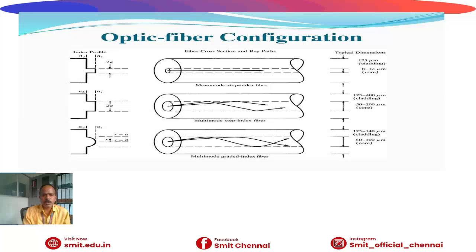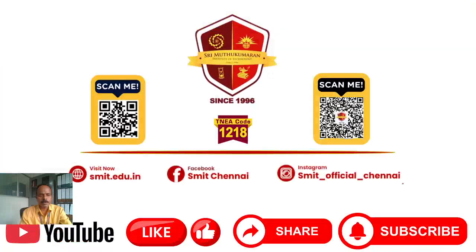In the monomode step index fiber, the core refractive index profile is rectangular in nature. In the multimode step index fiber also, it is rectangular in nature, but broader. In the multimode graded index fiber, the refractive index profile is parabolic in nature, and broader. So these are the primary three types that we are using commercially for OFC.